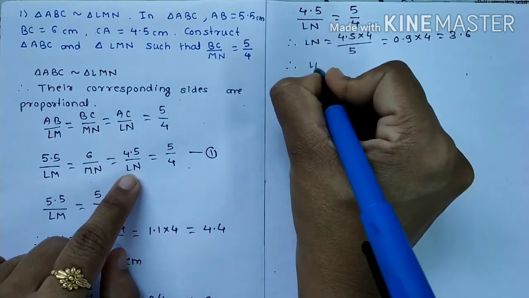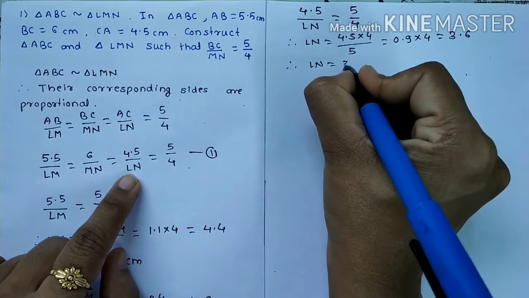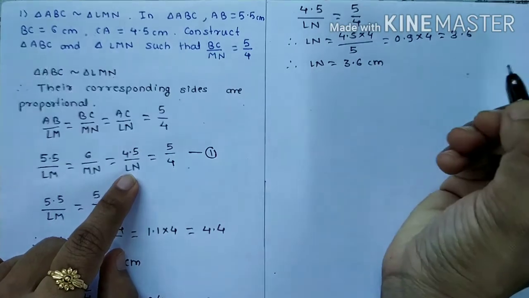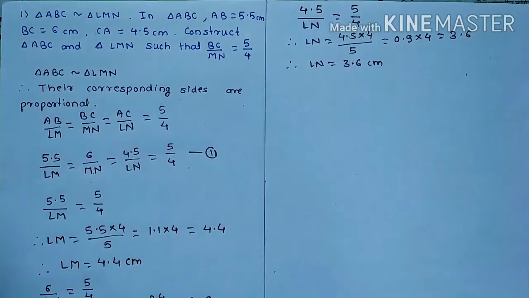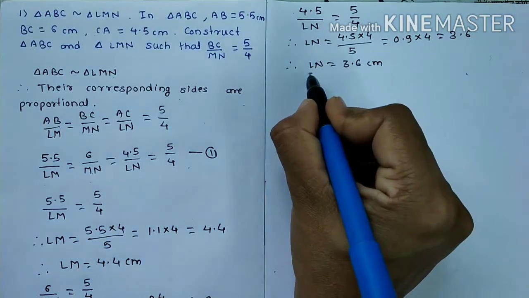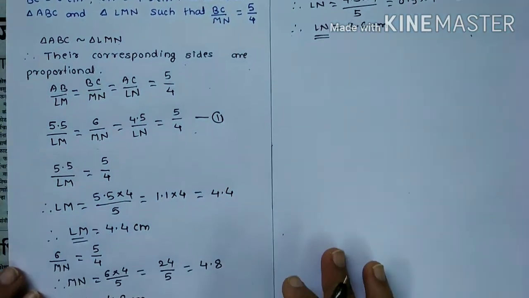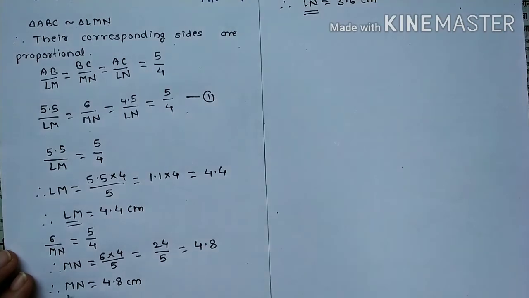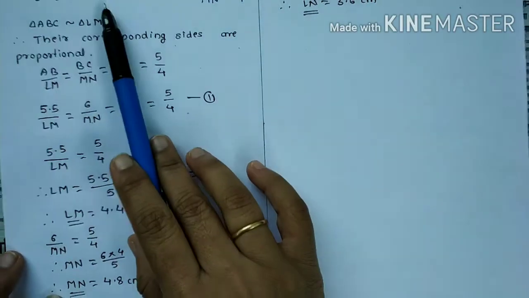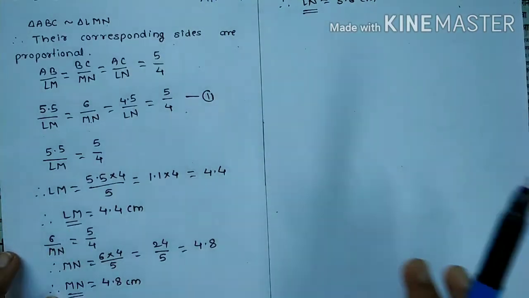Therefore LN equal to 3.6 centimeter. Here we get length of LN, length of LM and length of MN. Therefore now we can easily construct triangle LMN also.